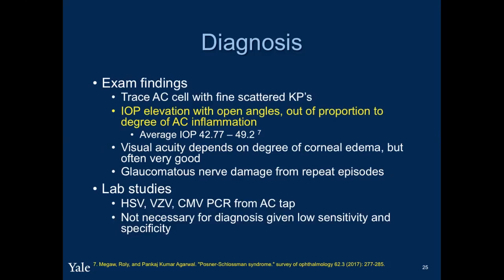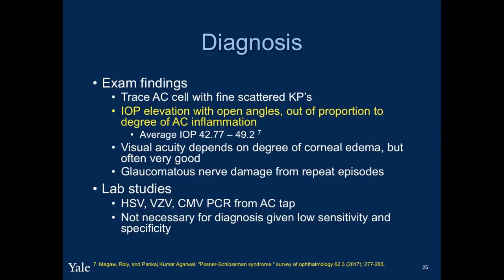But the hallmark is that their IOP elevation, which usually occurs in the 40s or 50s, in the absence of any closed angles, occurs out of proportion to the degree of AC inflammation. Their visual acuity can be very good or very poor depending on the degree of corneal edema, and they can develop glaucomatous optic nerve damage from repeated episodes.